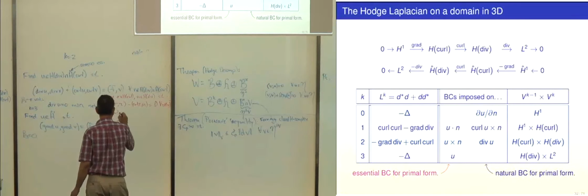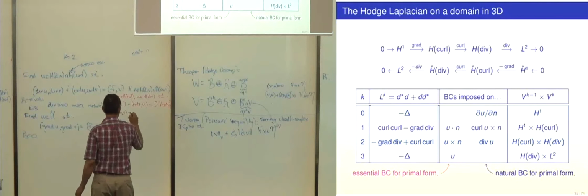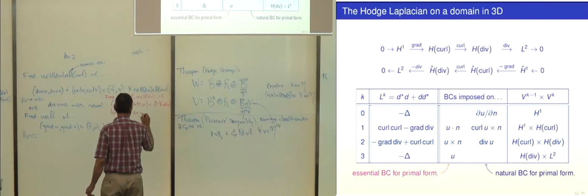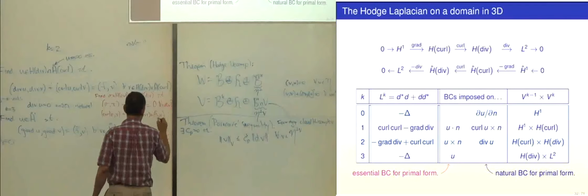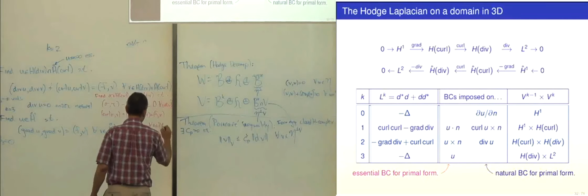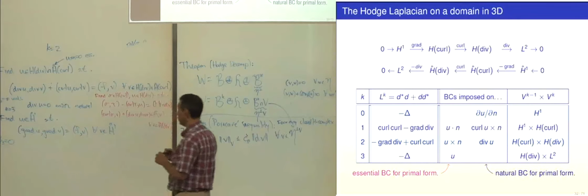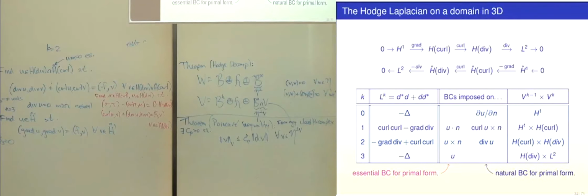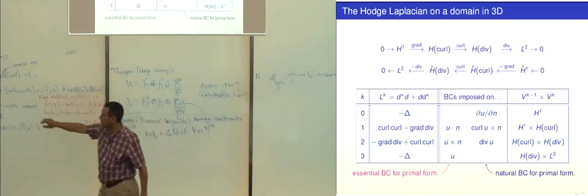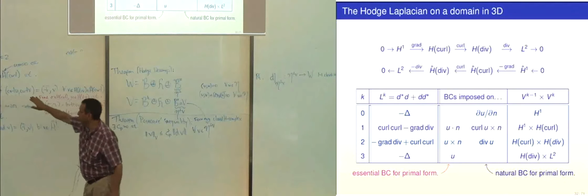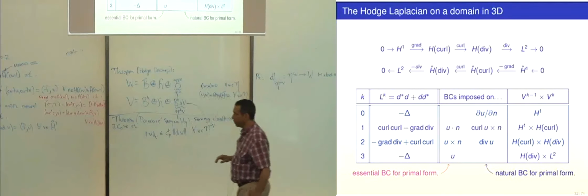And curl sigma V plus div U div V is FV for all V in H div. So these are two different mixed formulations, both representing curl minus grad div, but with different boundary conditions.